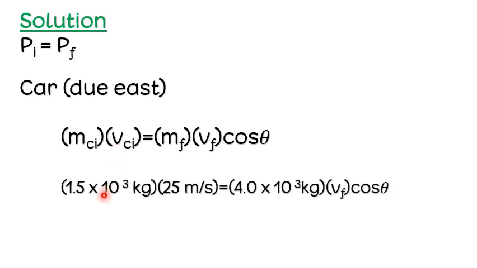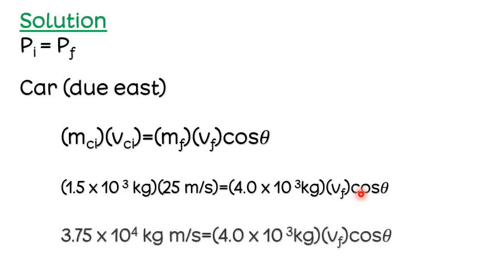Substituting mass of car initially, velocity of car initially, their final mass, unknown yung final velocity, and the angle. Multiplying 1.5 and 25, we'll get 3.75 times 10 to the fourth power. The right side of the equation stays the same. This is our equation 1.